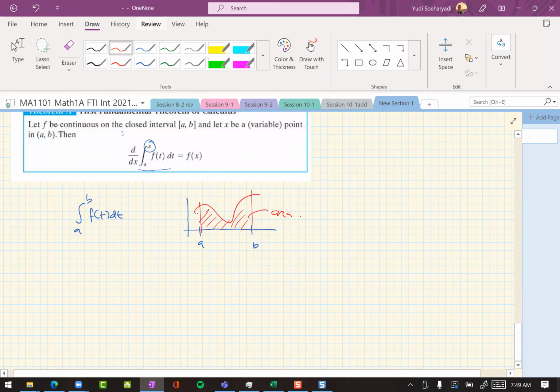What is now the area from A to x? So that's the reason I use t here, because I don't want the variable to conflict with this x. The picture looks like this one here. So, for example, we can.